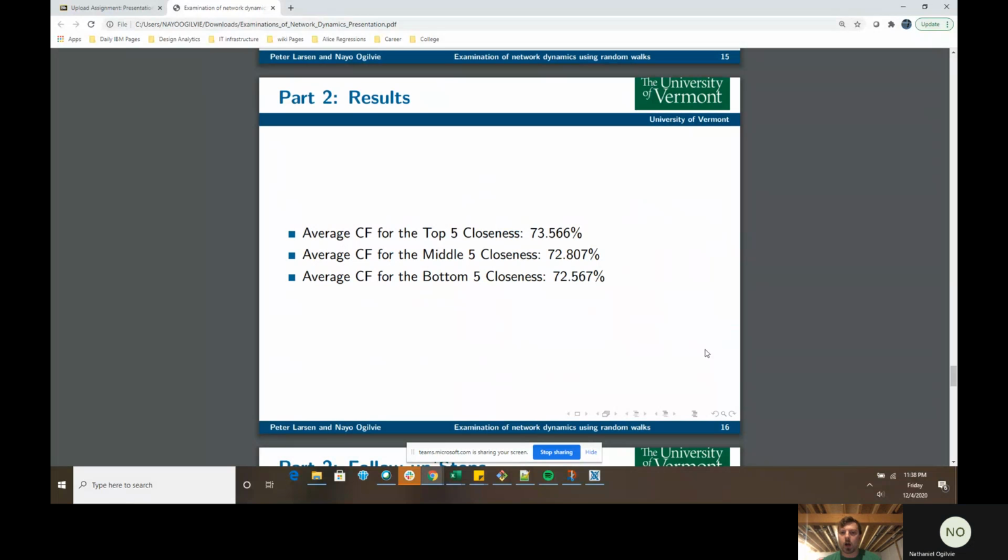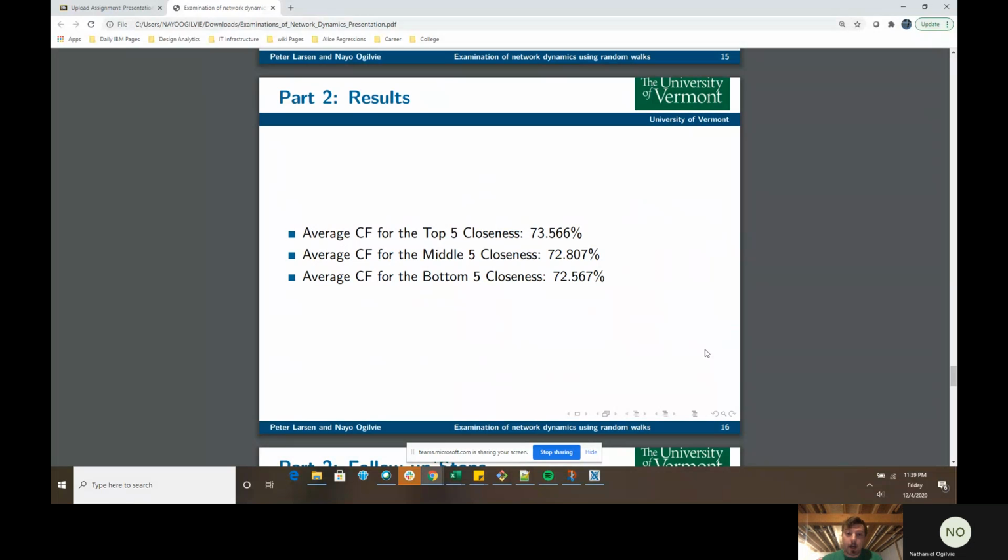All it is is one over the sum of the distances between that node and every other node, where distance, again, is shortest path length. So the top five closeness average is 73.566, the middle five is 72.8, and the bottom five is 72.5. This, again, is the first that is properly tiered, going from top to bottom.